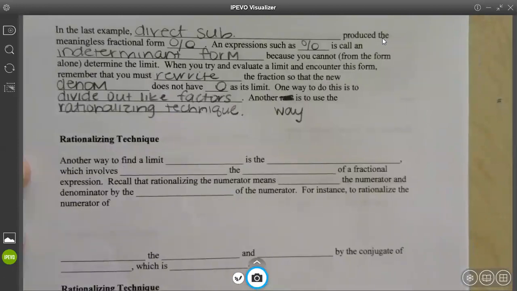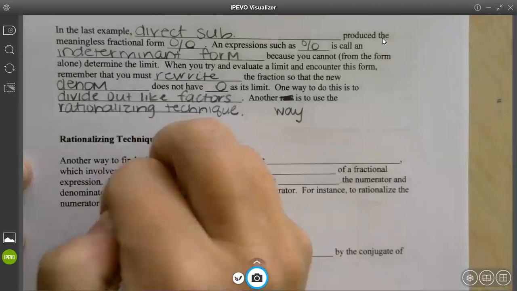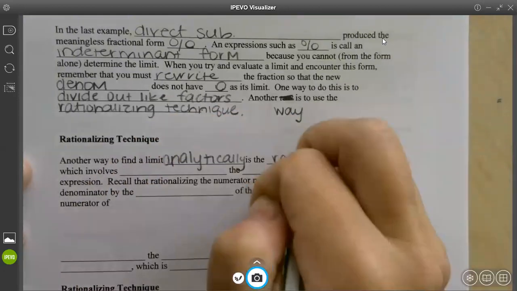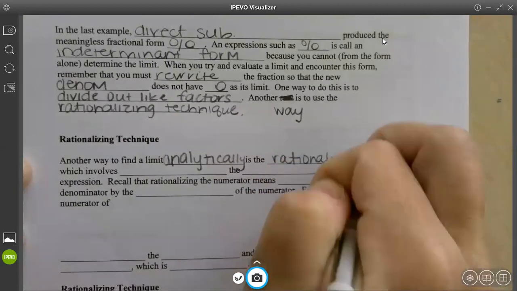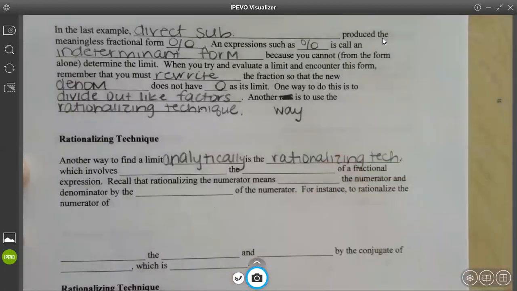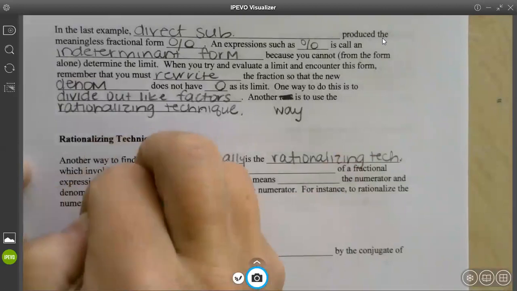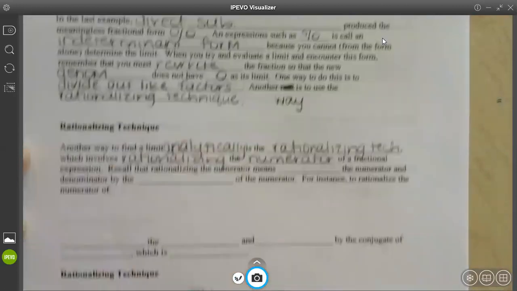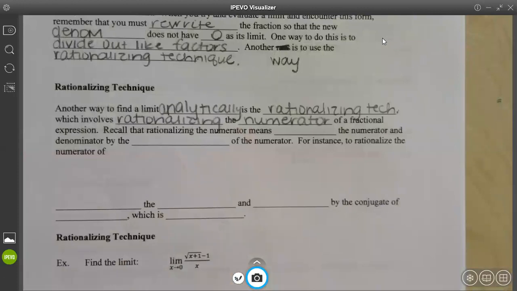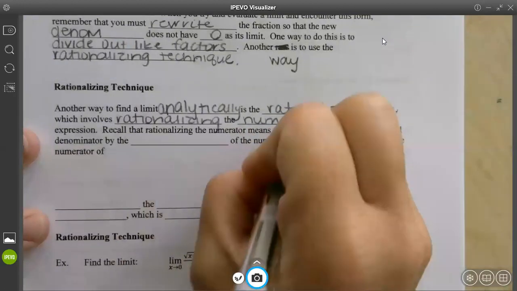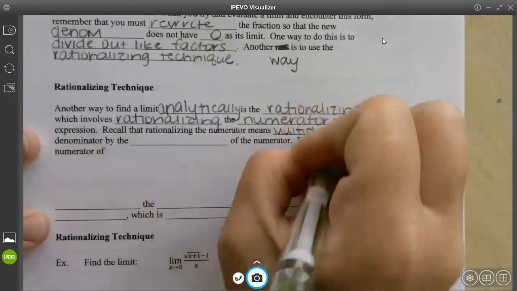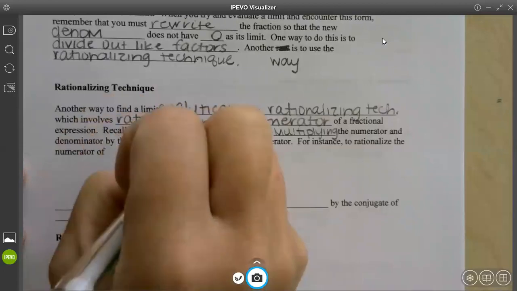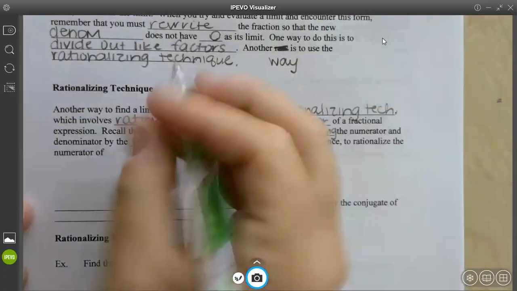So the rationalizing technique, another way to find a limit analytically, involves rationalizing the numerator of a fractional expression. Recall that rationalizing the numerator means multiplying the numerator and denominator by the conjugate of the numerator.